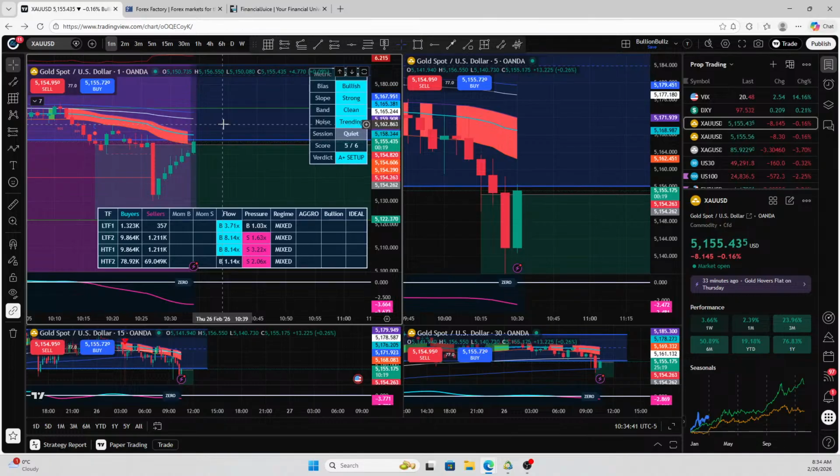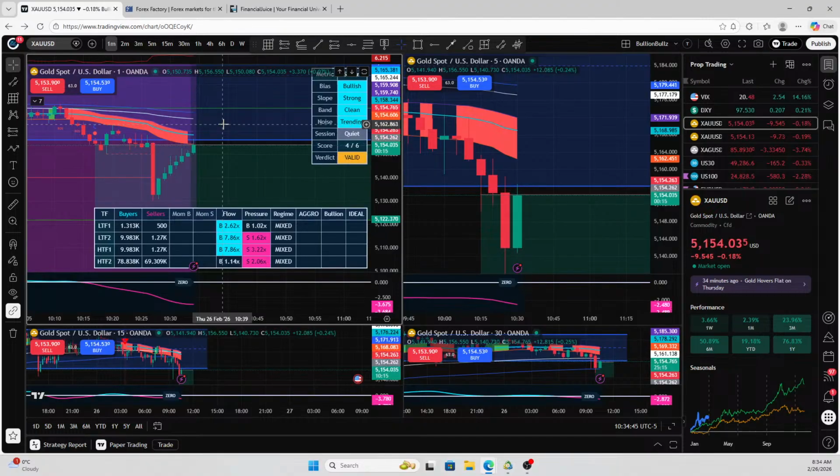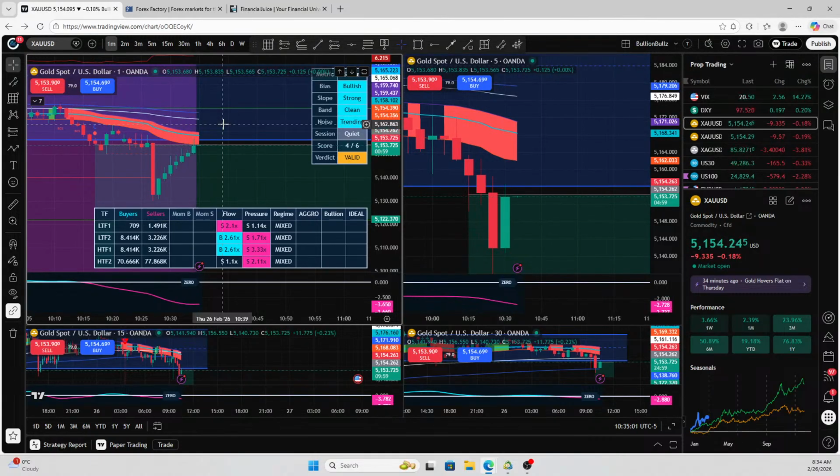But price bounced off a very, very strong level, and this is something to note here. Let's see if price reverses now, gives us a bearish wick, and then continues to go down.